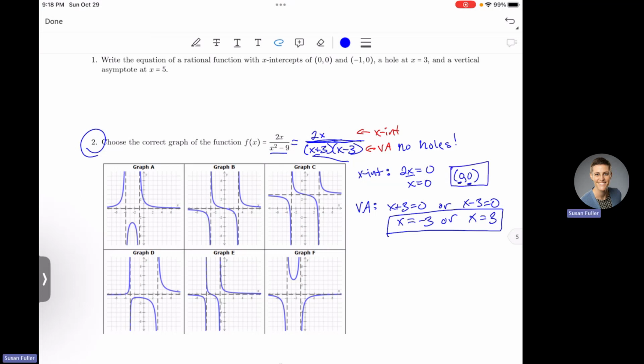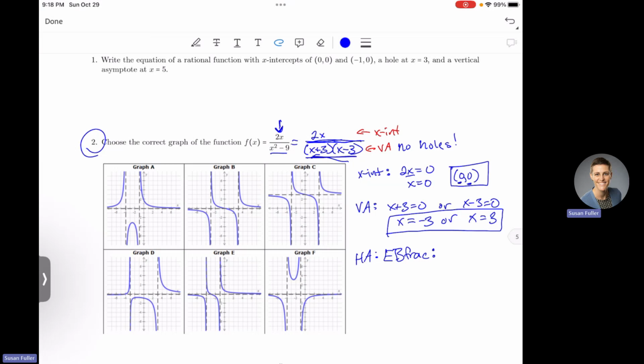The last thing that we need to identify here is horizontal asymptotes to put this on a graph. Horizontal asymptotes come from end behavior, and end behavior comes from leading terms. So we'll start by identifying our end behavior fraction. We'll come here for this one, just because the bottom's already multiplied out for us.